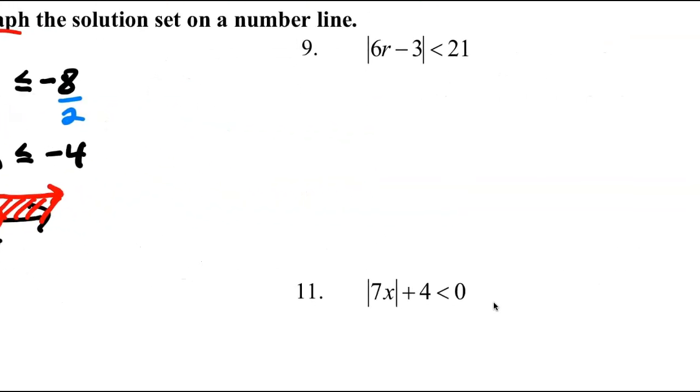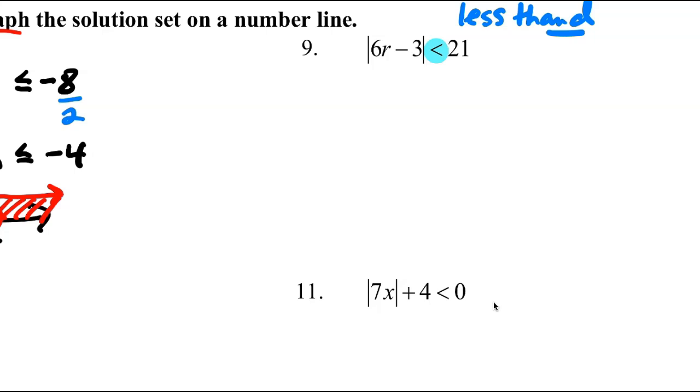Let's look at number 9. First thing is notice we have a less than. So this is all the values that are within 21. We're not going to be pointing out to the left and to the right, being far away from 21. But we want to be within 21 units.